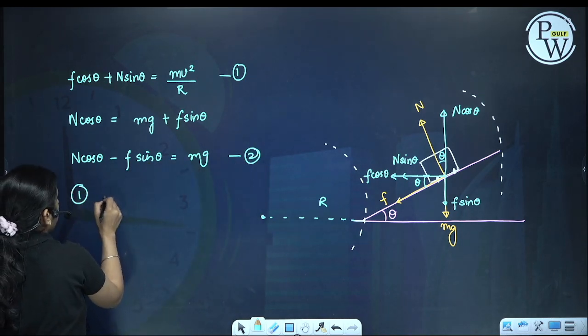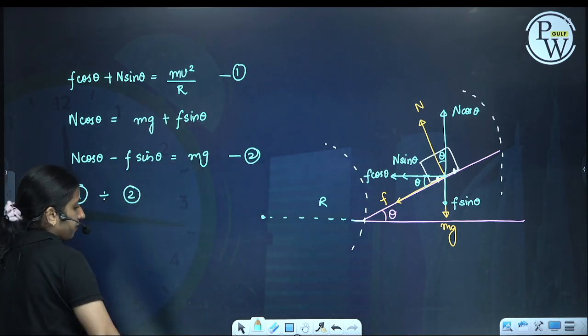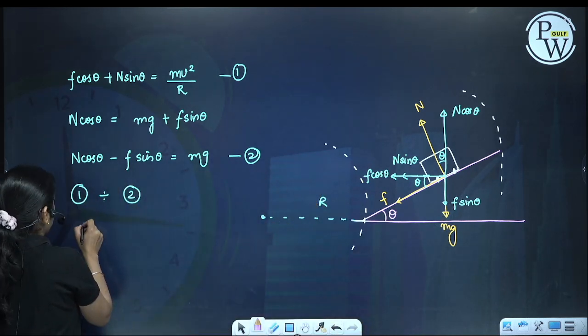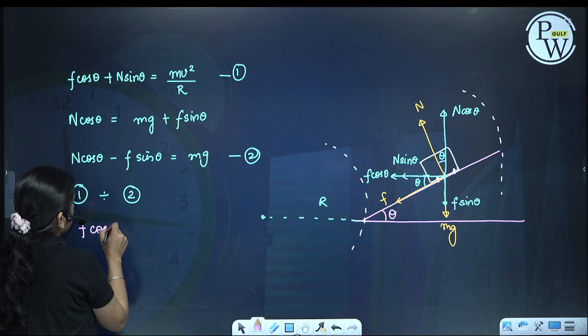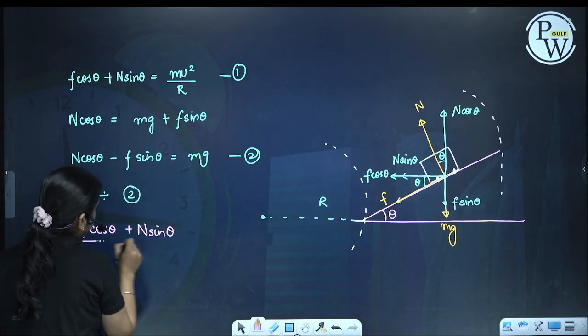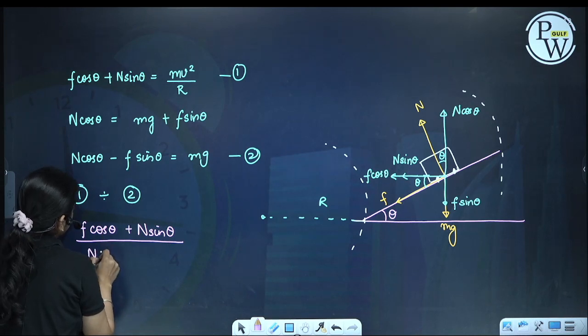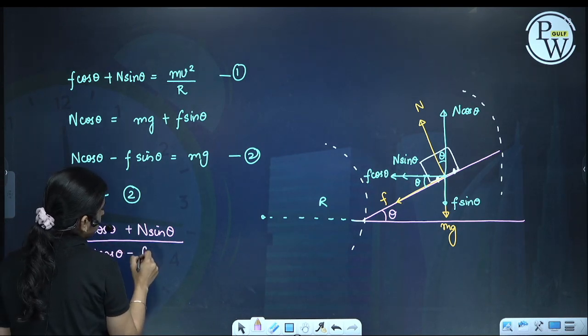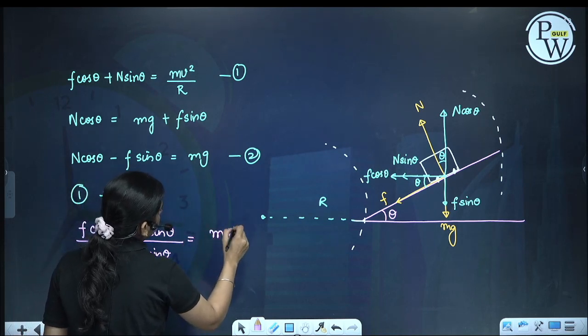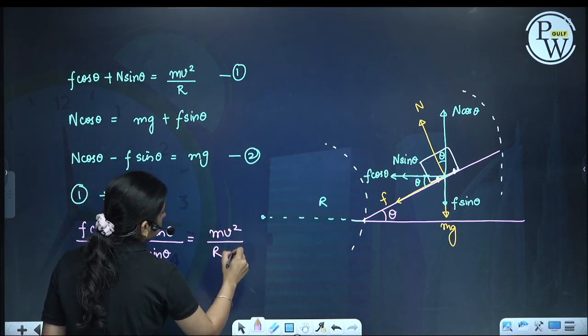Now divide 1 by 2. What we will get is f cos theta plus n sin theta divided by n cos theta minus f sin theta is equal to mv square by r into mg.